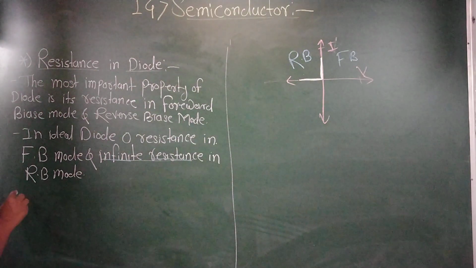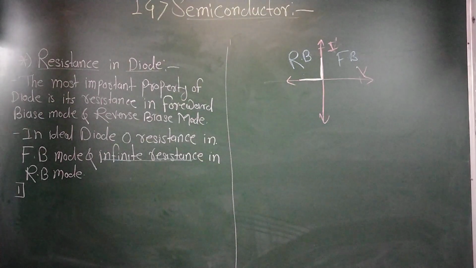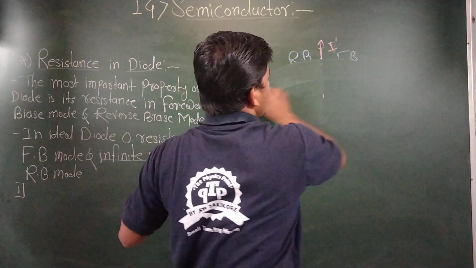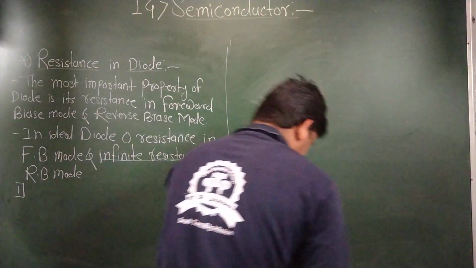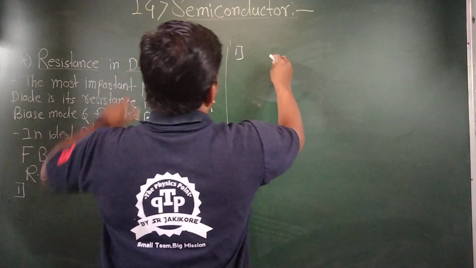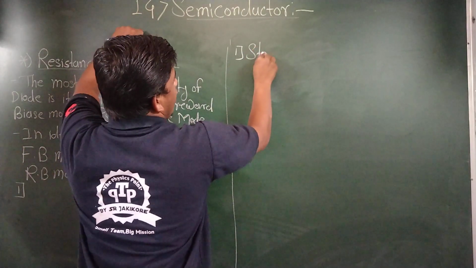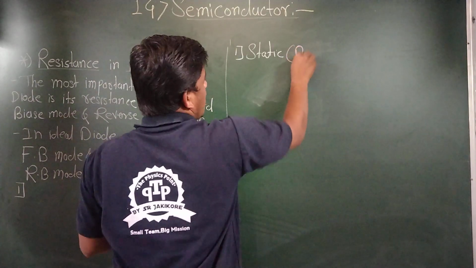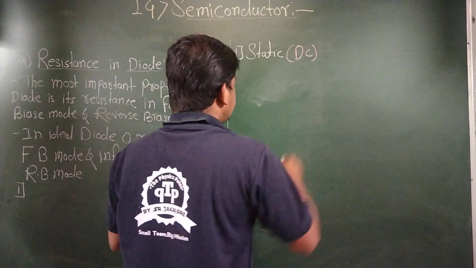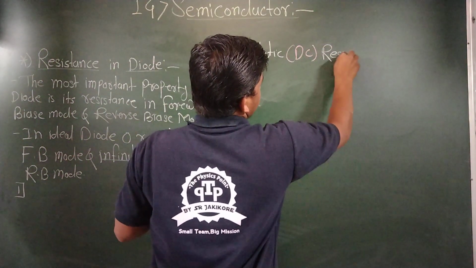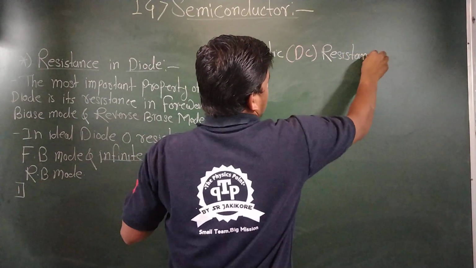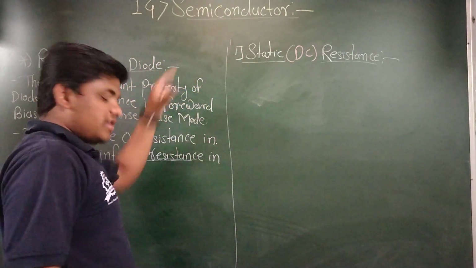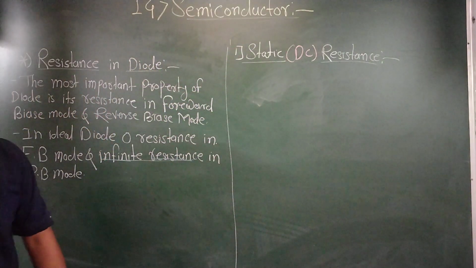The first type of resistance is static resistance, in brackets also called DC resistance. Both types of resistance are discussed here.